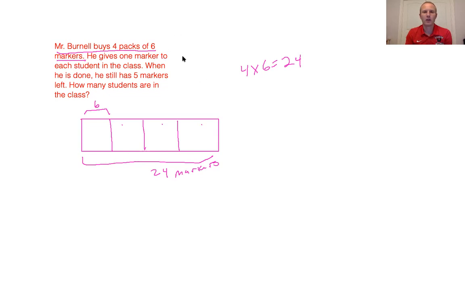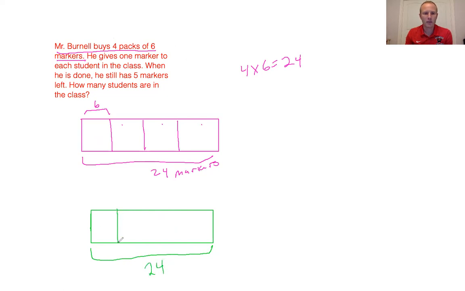So let's take a different color here and do another tape diagram. This one will look more like the work you did in first or second grade, because it's going to involve addition and subtraction. So I have a total of 24, right? My total number of markers hasn't changed. I know that I had 5 left when I was all done passing them out.